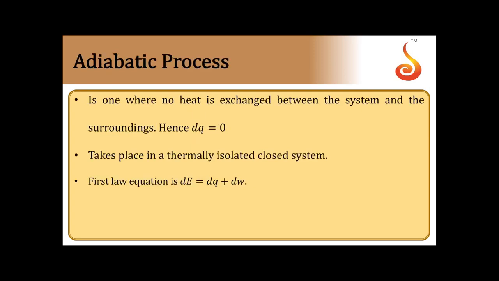Adiabatic process. An adiabatic process is one where no heat is exchanged between the system and surroundings. That is, dq is equal to 0. This takes place in a thermally isolated system, where no heat exchange must happen.